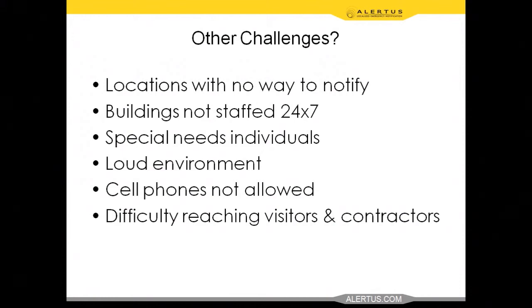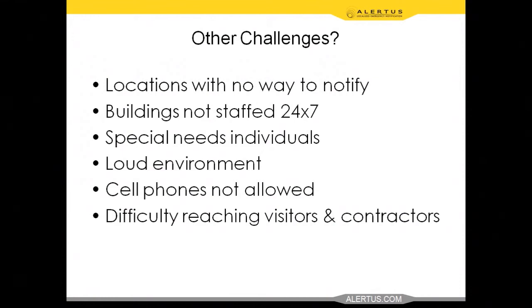Some of the other challenges that a lot of our customers come across are many different locations where there's no way to notify. You have no PA system, no fire system that allows you to do voice. You basically have what's in the building: somebody running around telling everybody, or relying on text, emails, those kinds of things. We encounter that a lot.